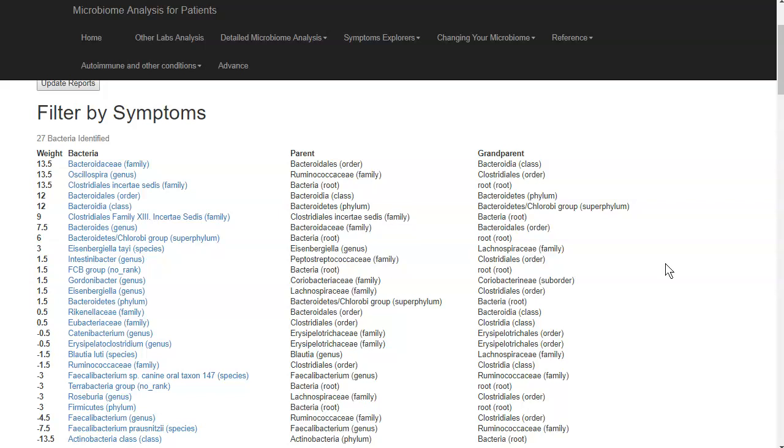Okay, so that's the importance of doing symptoms. Get those symptoms in. It gives everybody information to do analysis from, but more importantly, it will allow far more accurate targeting of suggestions to specific bacteria rather than trying to handle everybody. In other words, we are looking at a specific subset of people.